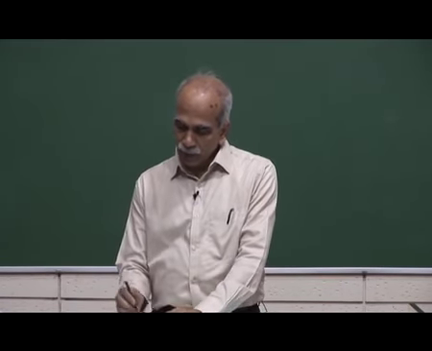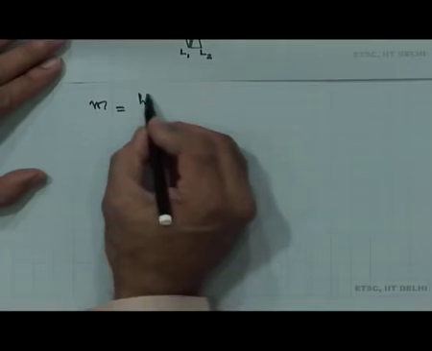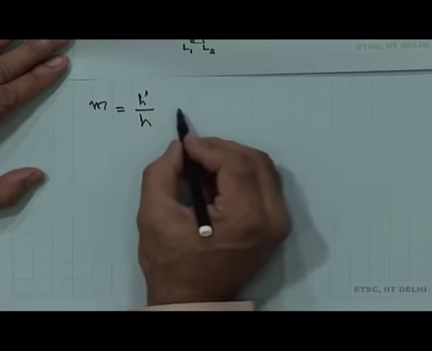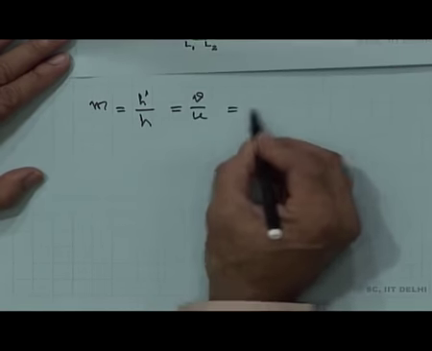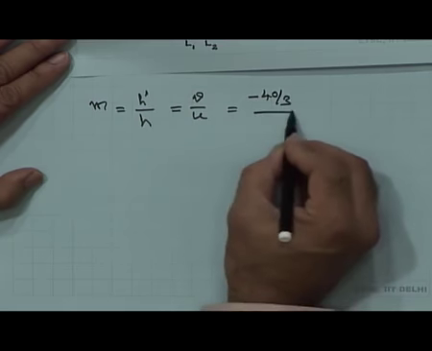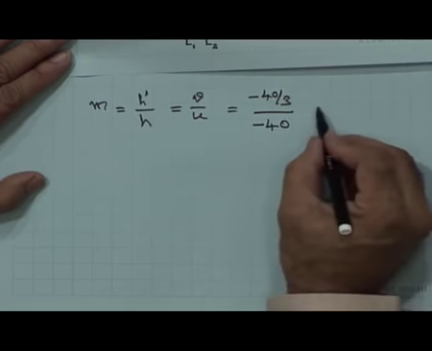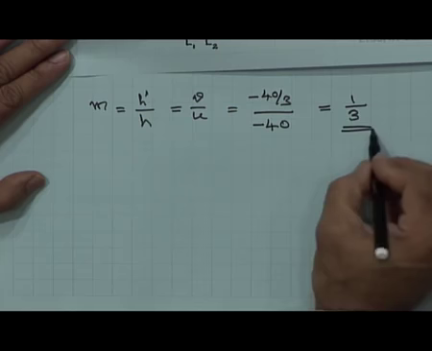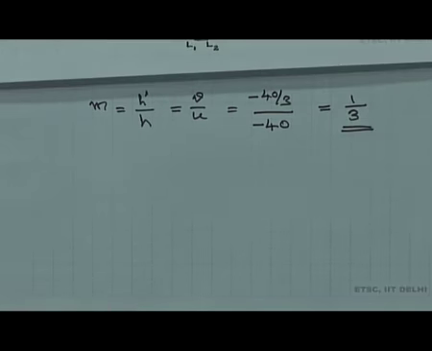The magnification M is equal to H dash by H, size of the image by size of the object, which is equal to V by U. So V is minus 40 by 3 divided by U, which is minus 40, so M is equal to 1/3.